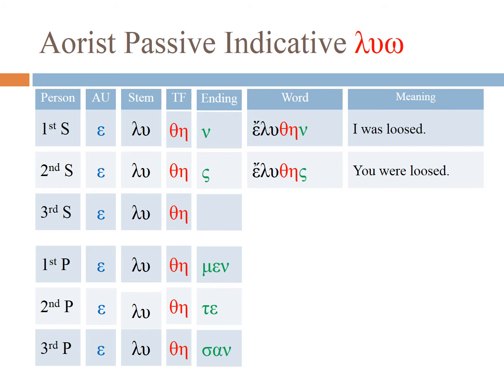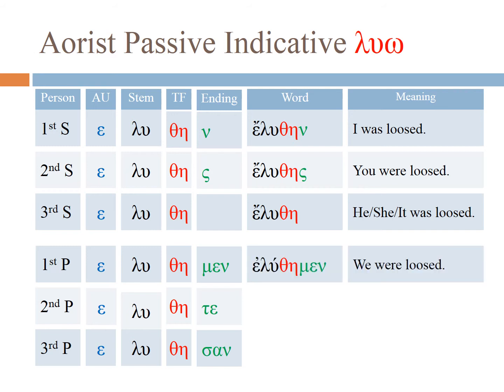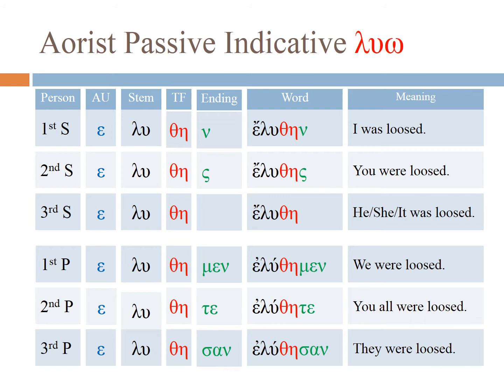And the third person, because it doesn't have an ending, is eluthe, he, she, it was loosed. The first person plural, eluthemen, we were loosed. Eluthete, second person plural, you all were loosed. And the third person plural, eluthesan, they were loosed.